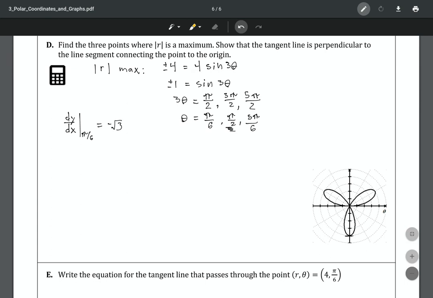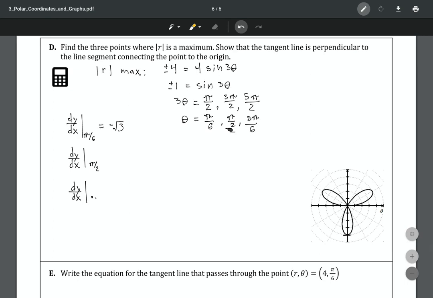And remember that the slope that is perpendicular is a negative reciprocal. Let me write all of these first, then I'll go on. Pi over 2, 5 pi over 6.